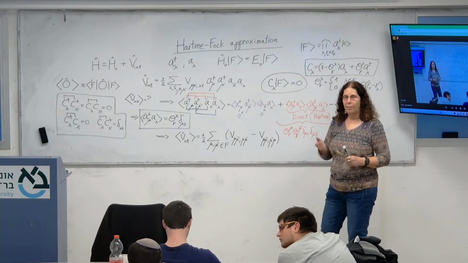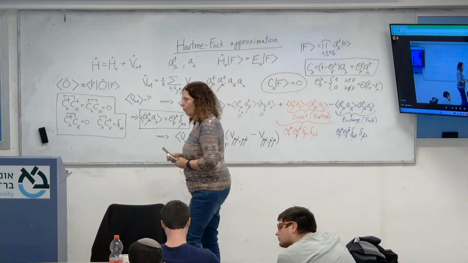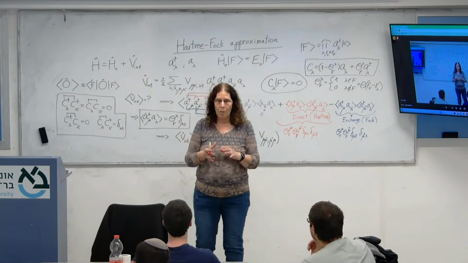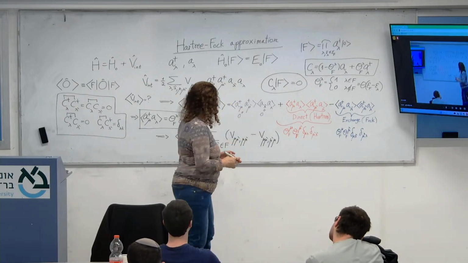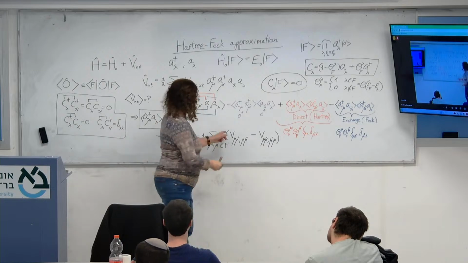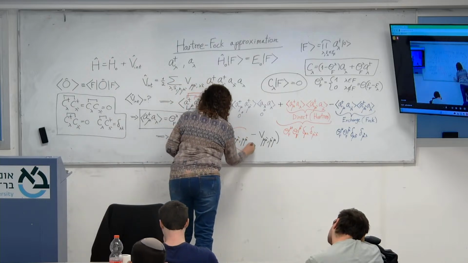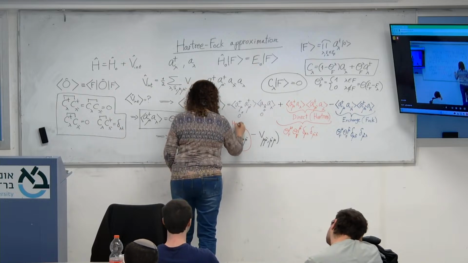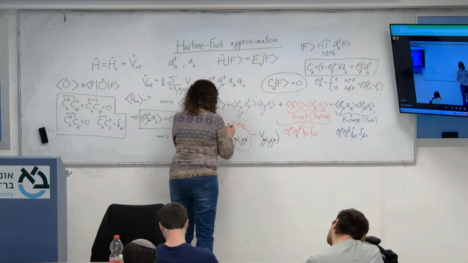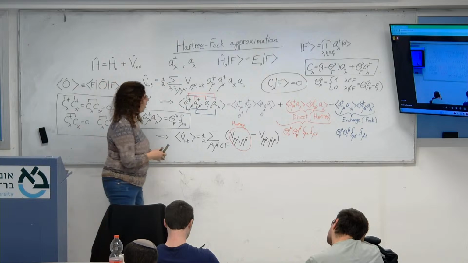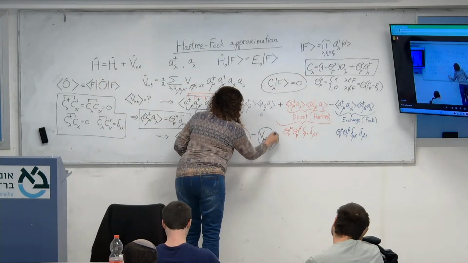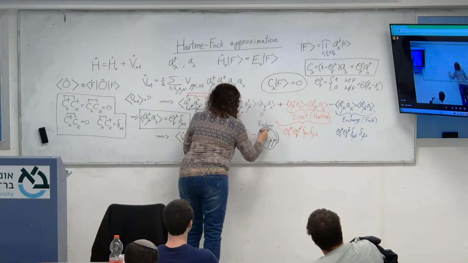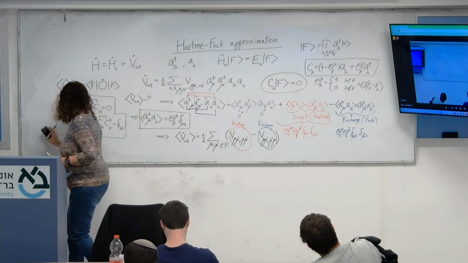And now if you look at our lecture of last week, where we classified various interaction terms, there was a direct type of interaction and exchange. This was the direct, okay, or Hartree. And this was the exchange. So let me call it a Fock, okay?